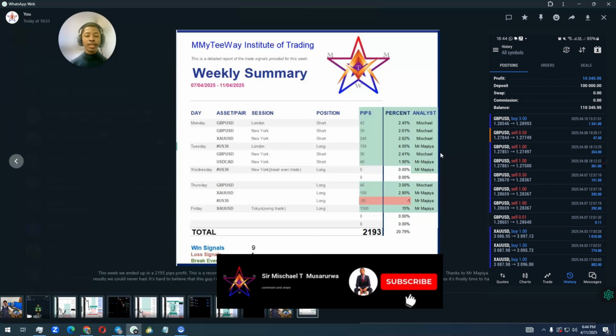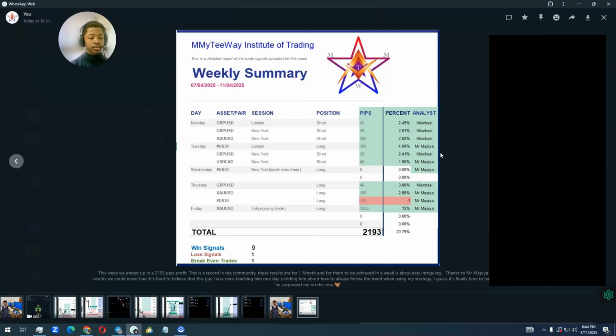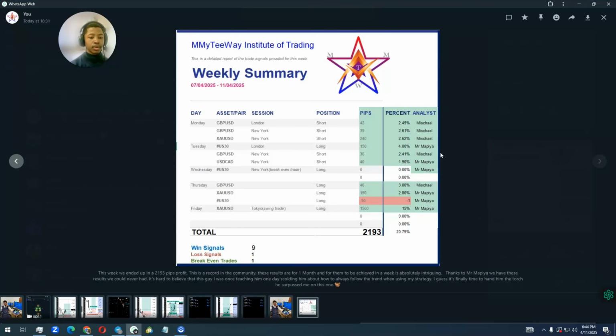So with people who are serious like this, you are both trading funded accounts, you know that your results in the group will be meaningful.